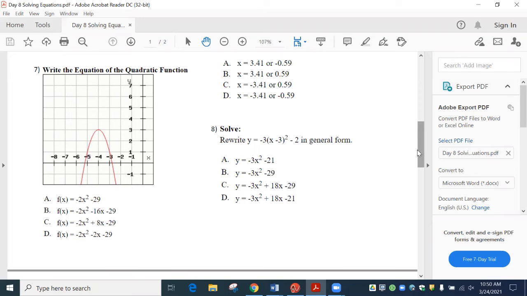Okay, so what happened here is I think that you hit menu 5-1, so it took you off the center. So really quick, when I hit menu 4-5, it takes you back to the center. That was your answer right there. So it says minus 16x minus 29. So on this right here, you wouldn't hit menu 5-1 because you want to stay right there to see if it matches.